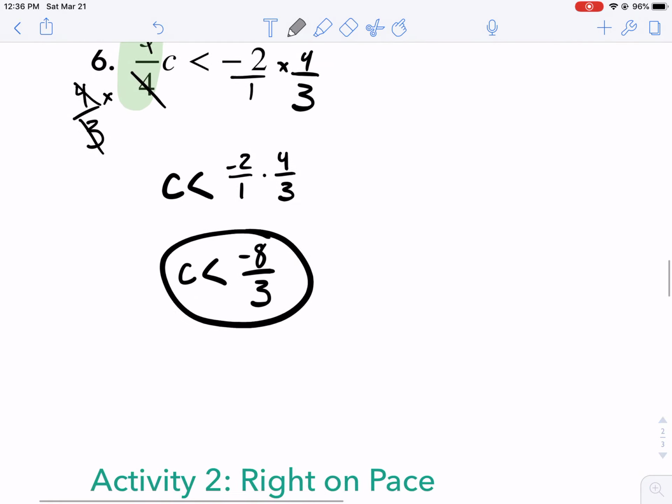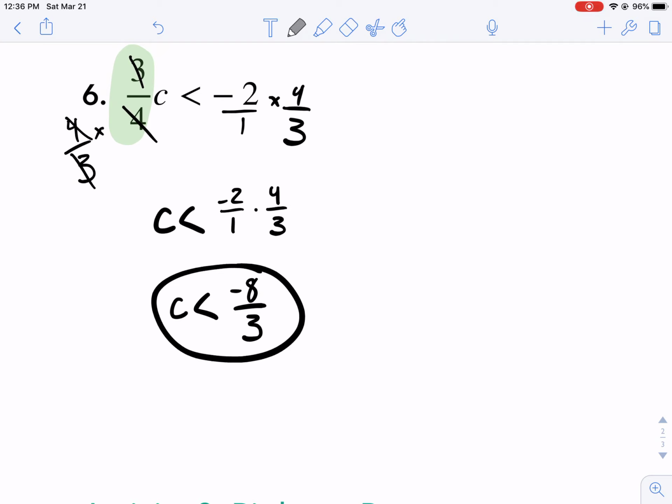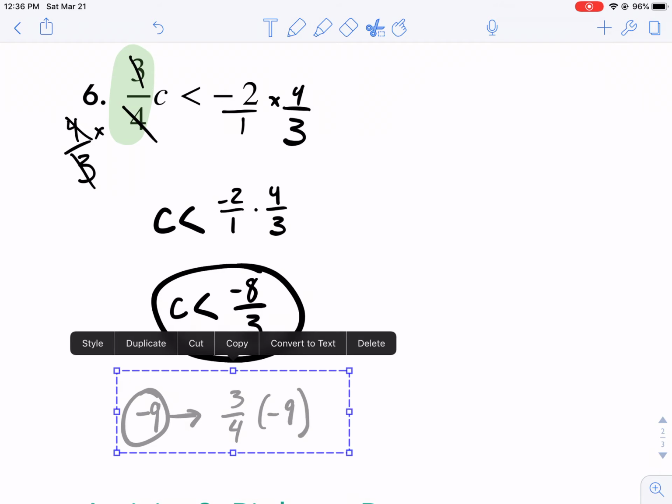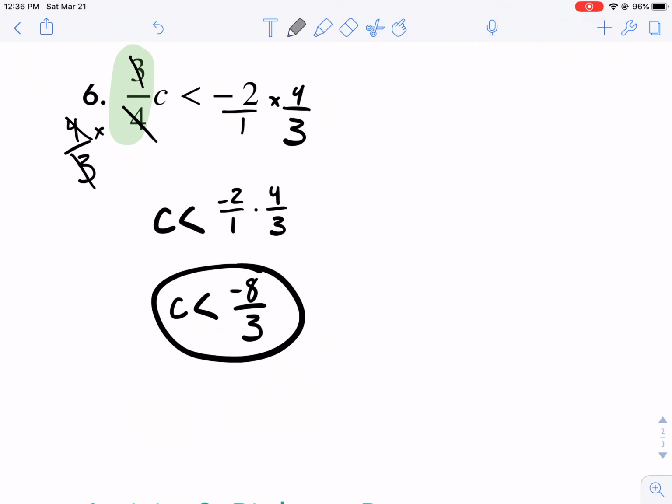We need something less than negative 8/3. How about negative 9? So we're going to check with negative 9. Is it true that 3/4 of negative 9, that's a bad example. Let's not check with negative 9. Let's check with negative 8.